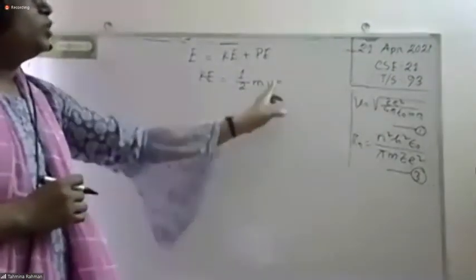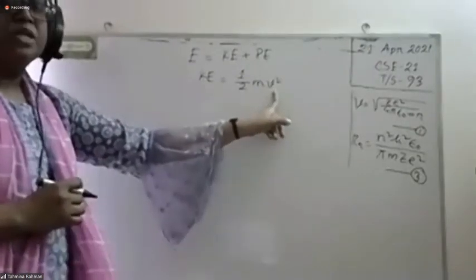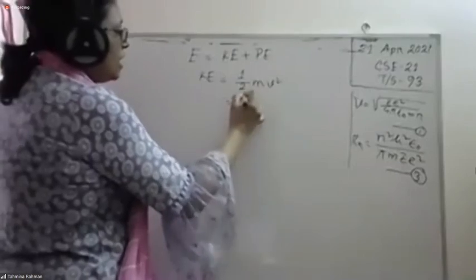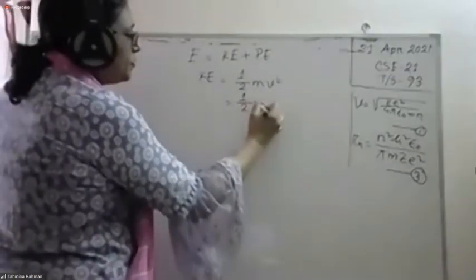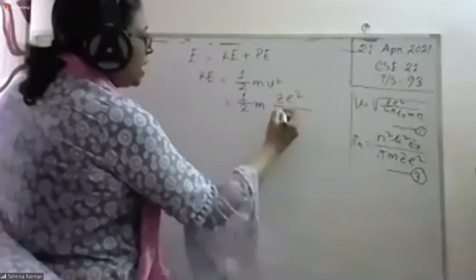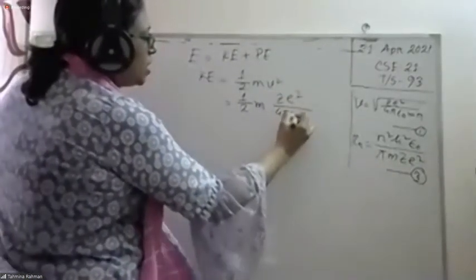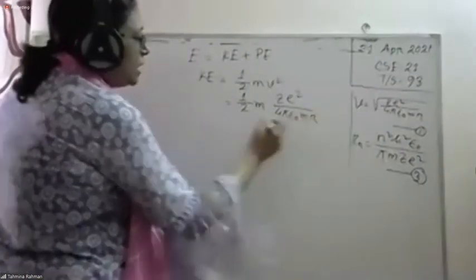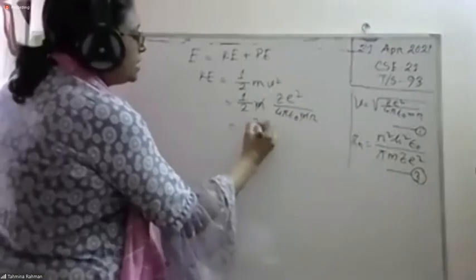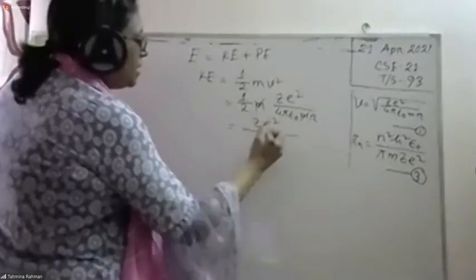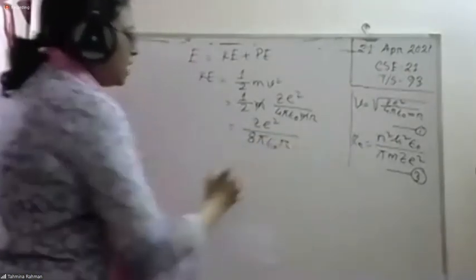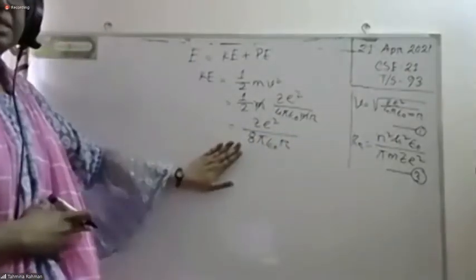So we'll put the expression for v here. So half mv square is Z e square divided by 4 pi epsilon naught mr, and m cancels. So from here we can write Z e square by 8 pi epsilon naught r. That is our kinetic energy.